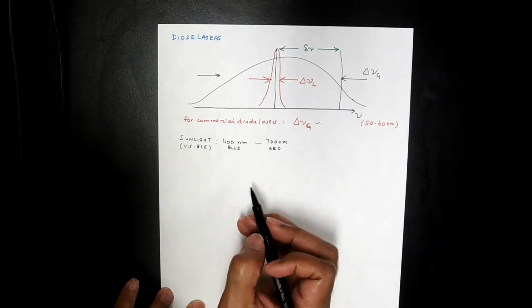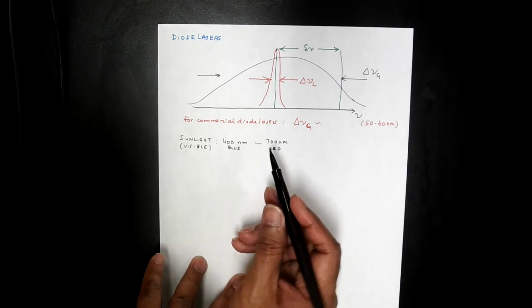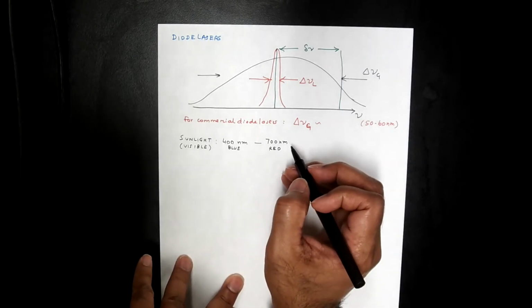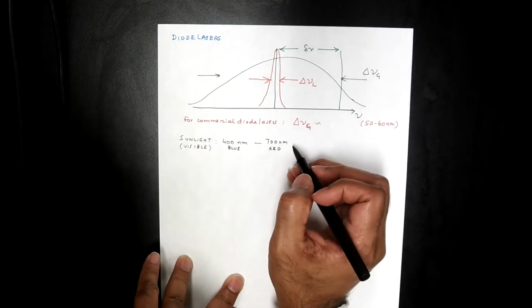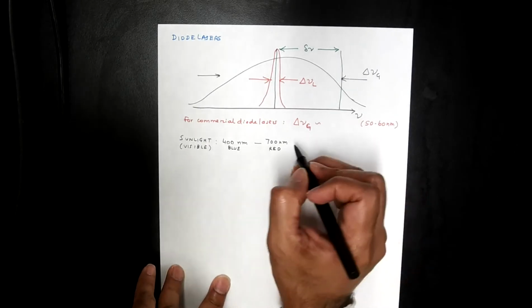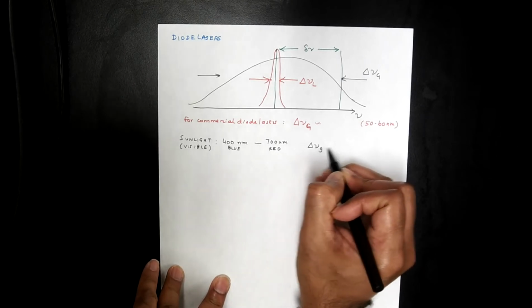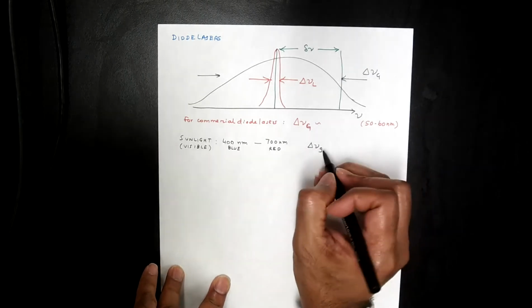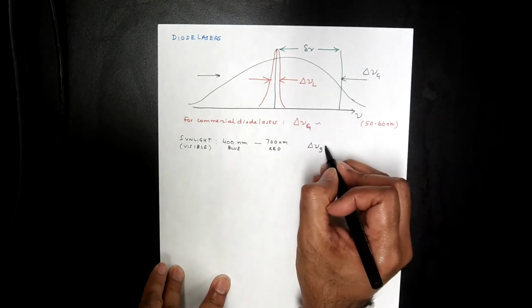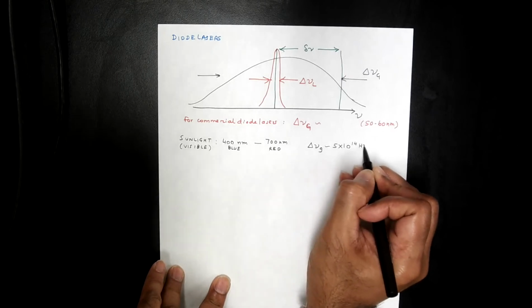So that's 300 nanometers, and in one of the slides earlier we had said that this corresponds to a delta nu G of something like 5 times 10 to the 14 hertz.